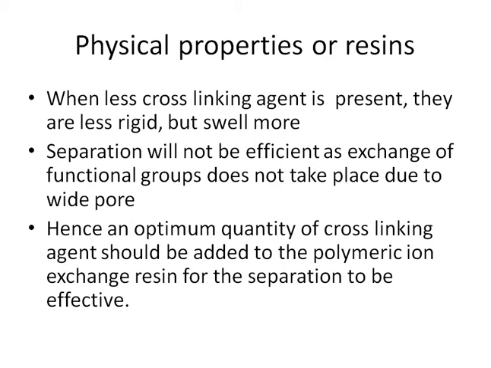When less cross-linking agent is present, the resin is less rigid but swells more, and separation is not efficient, as exchange with functional groups does not take place due to the wide pores.